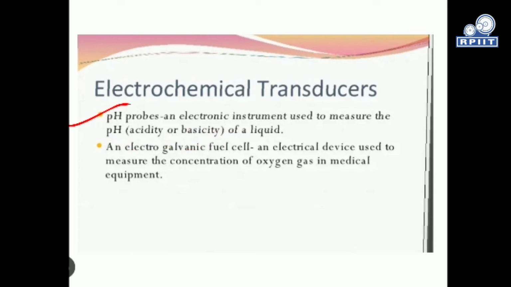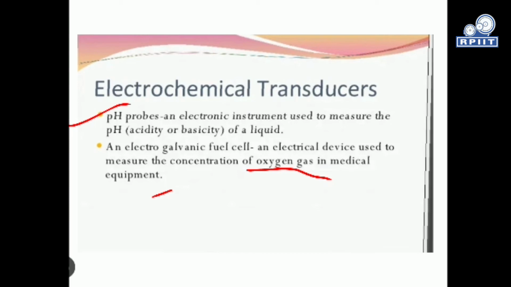The next is the electrogalvanic fuel cell. The fuel cell here is an electric device used to measure the concentration of oxygen gas in medical equipment. For converting the concentration of oxygen gas into electrical signals, we always use the electrochemical or electrogalvanic fuel cell.